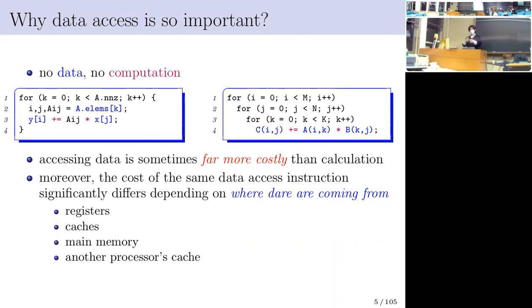In terms of the instruction, they all look the same, just accessing some addresses using load or store instructions. So there's no way you can distinguish between instructions that happen to get data from caches and instructions that happen to get data all the way from the main memory.